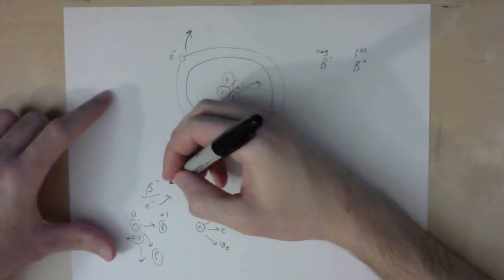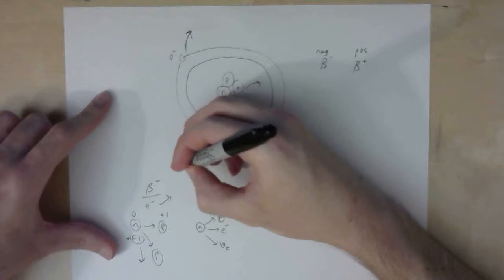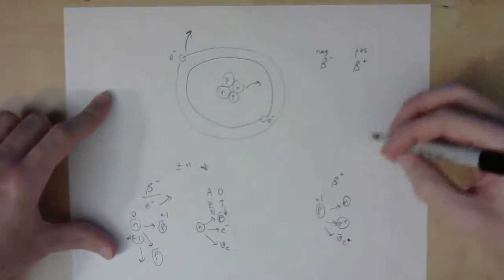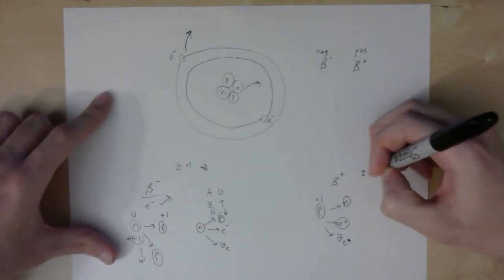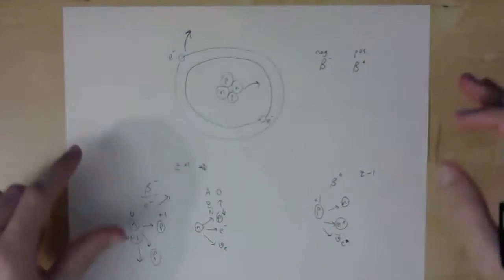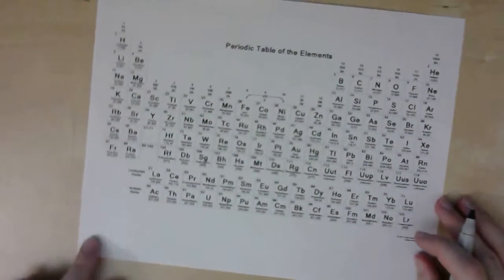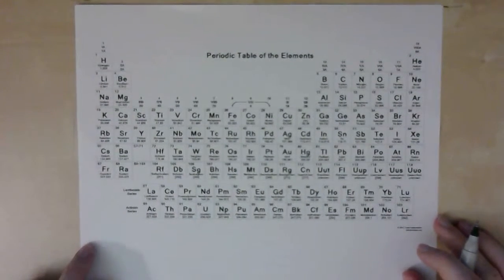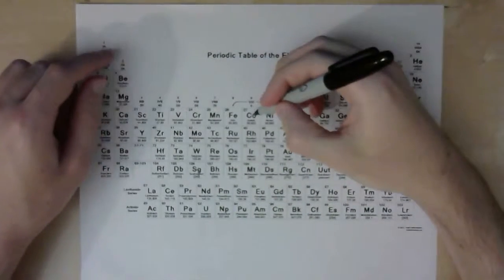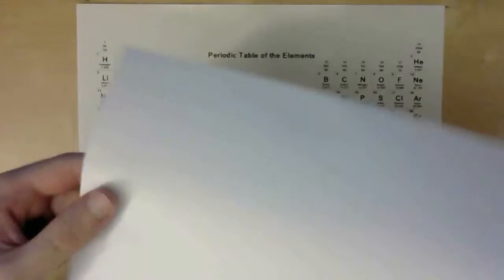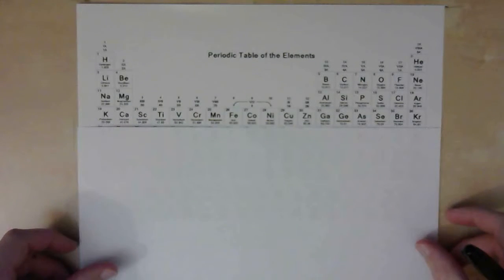So for our beta minus emission, atomic number has gone up, and over here, atomic number goes down. Let's look at an example. One isotope that we work with a good bit in my work right now is cobalt 60. Cobalt 60 is used in cancer treatment devices.